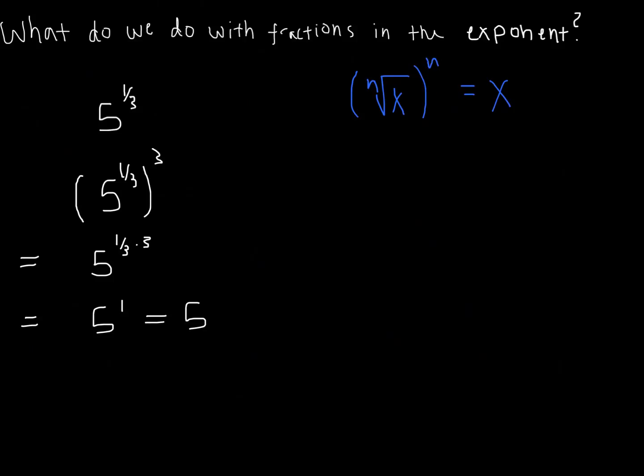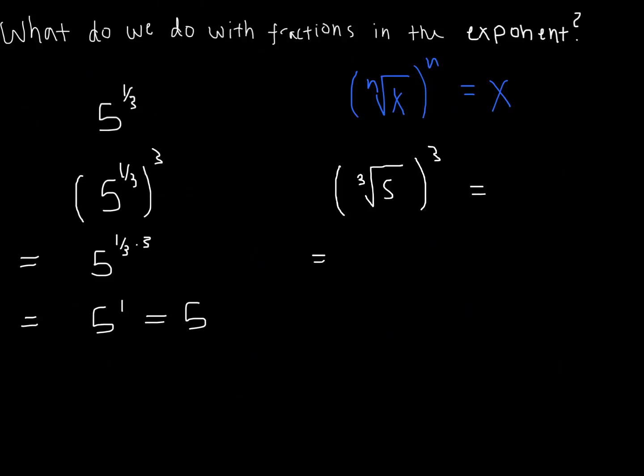And then if I raise it to the nth power, I'm multiplying that number by itself this many times, so I'll get x back. Concretely, if I have 5 and I take the cube root of it and then I cube it, what must that equal? Well, it's got to equal 5.